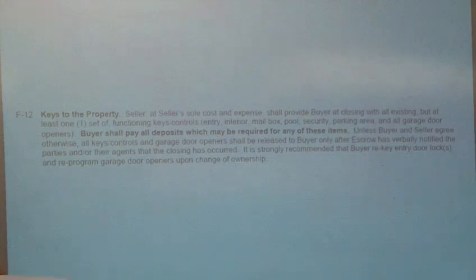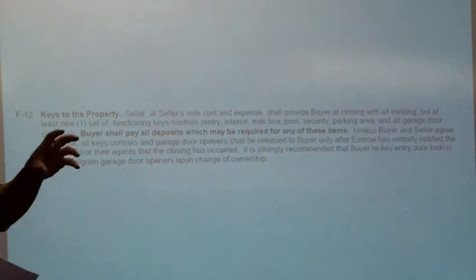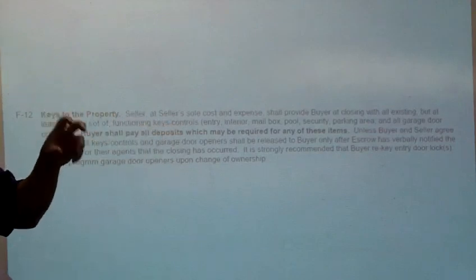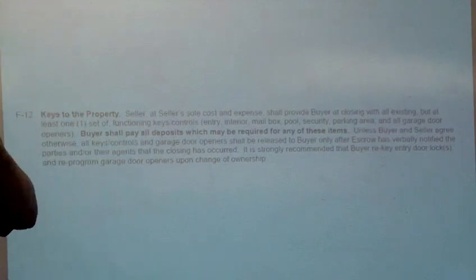Right, and so, right here, it is strongly recommended that buyer rekey their locks. You should automatically do that, even for your own real estate. You should rekey your real estate, except for things like the security doors in a condominium. You don't have power over that. But the door to the unit, you should rekey it anyway.